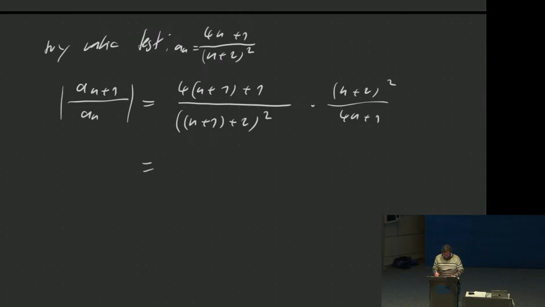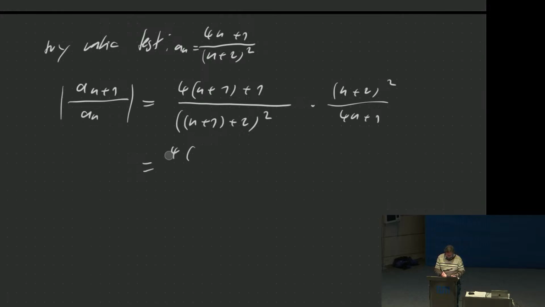So let's see. This means we have n and n squared here, and we have n squared and n here. That looks promising. So we divide by n over 3, right?